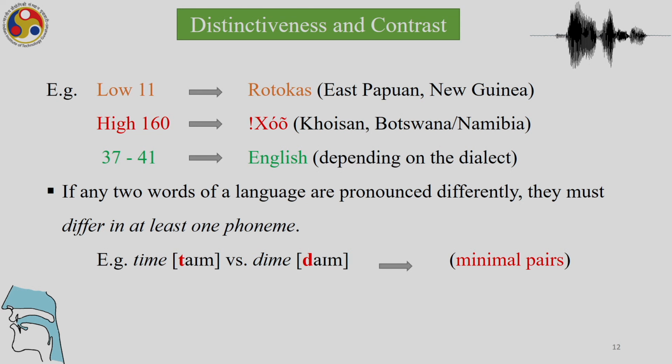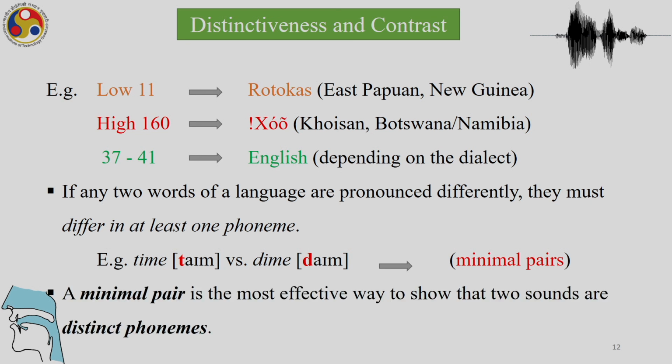If any two words of a language are pronounced differently, they must differ in at least one phoneme. So, time versus dime is a minimal pair, and we can see that the difference is between t and d.